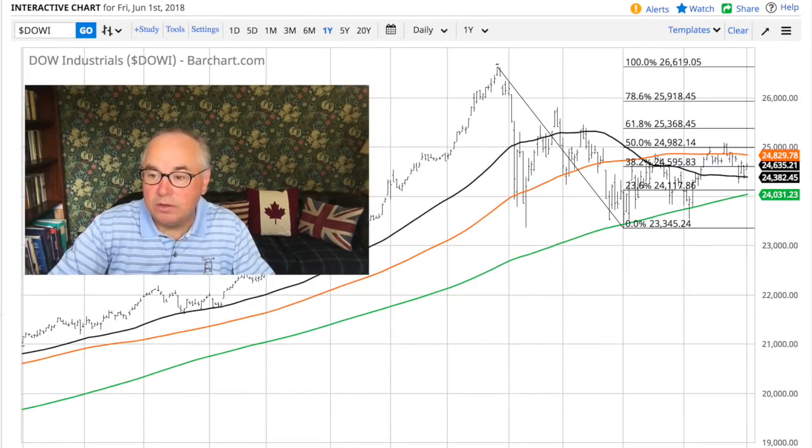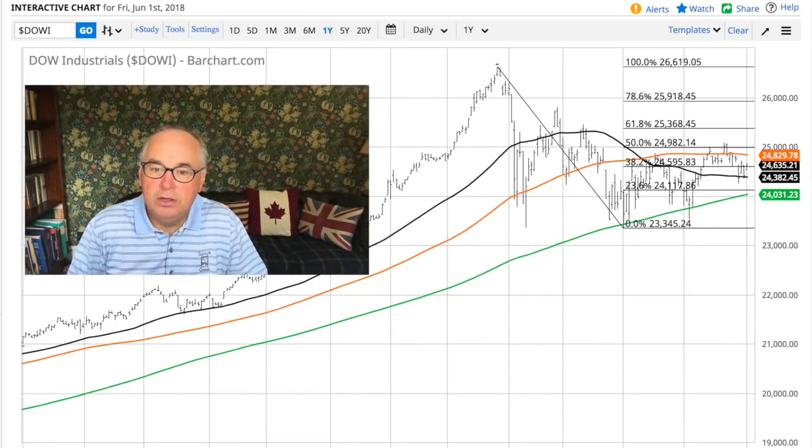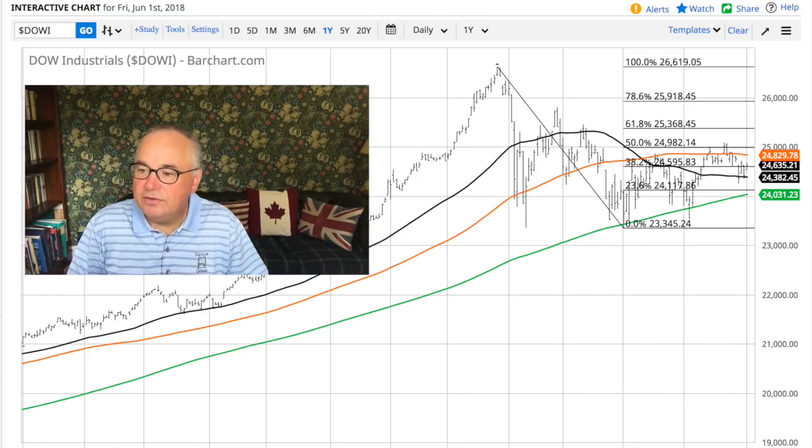The Dow, this is an interesting one, of course, and it's a 1 year daily chart, and I brought the moving averages as well. The green line is the 200 day, the orange is the 100, and the black is the 50 day moving average.